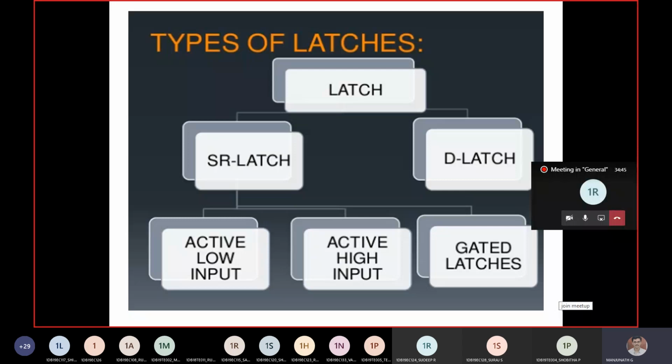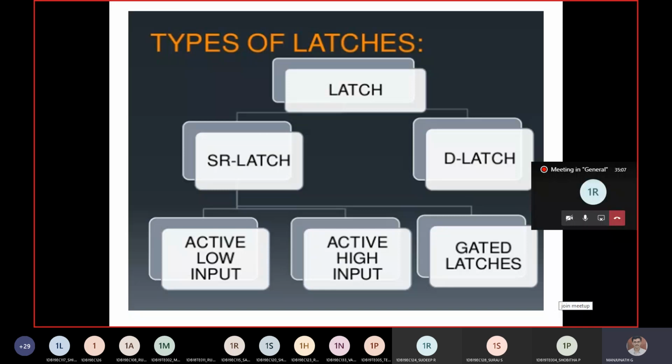Next, coming to the types of latches we are going to use, there are mainly two types: SR latch and D latch. In SR latch and D latch, there is nothing much you should learn in D latch. You should learn more about SR latch. You can see the difference there. For SR latch, you need to learn about active low input, active high input, and gated latches.